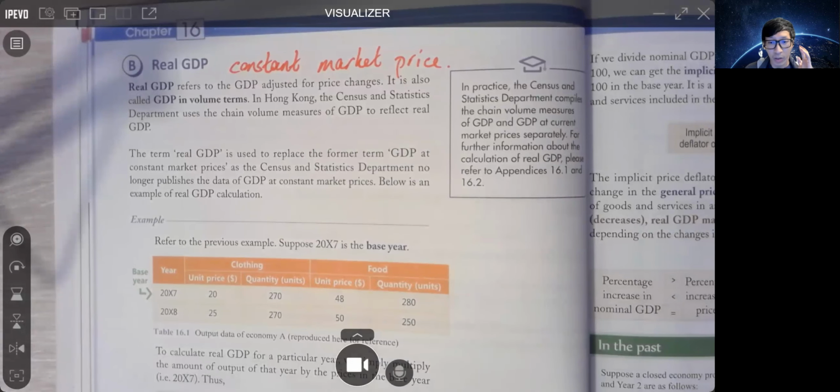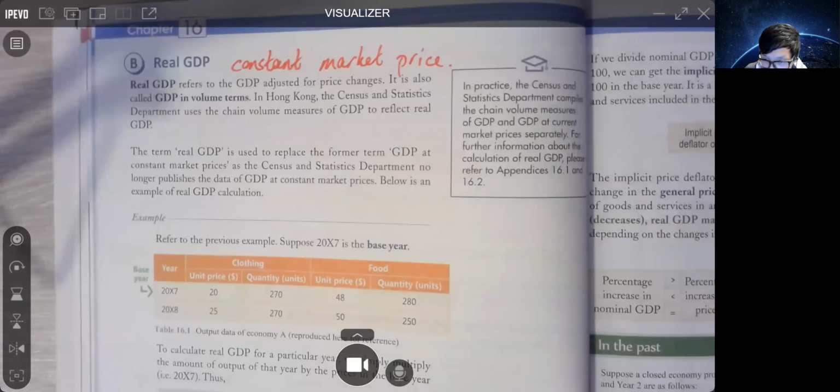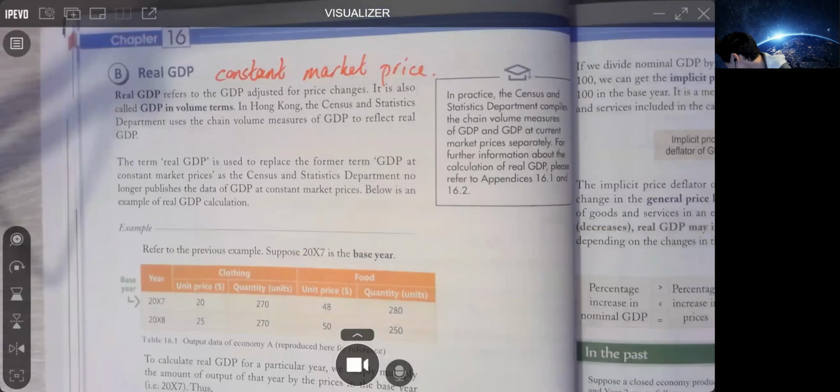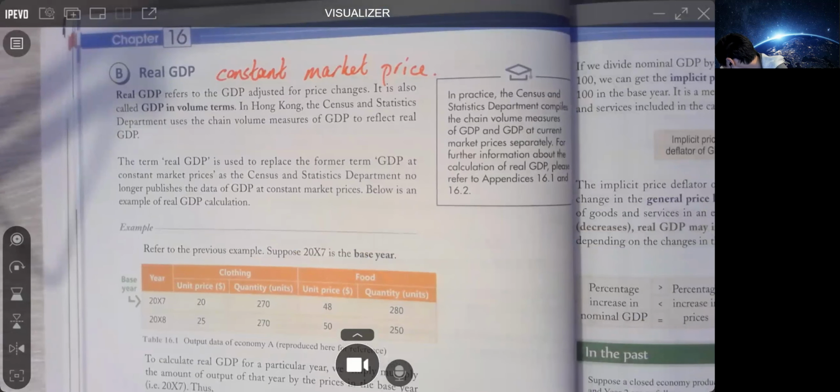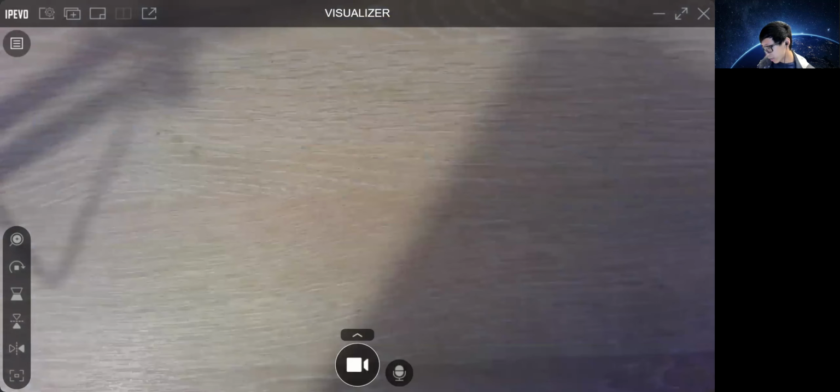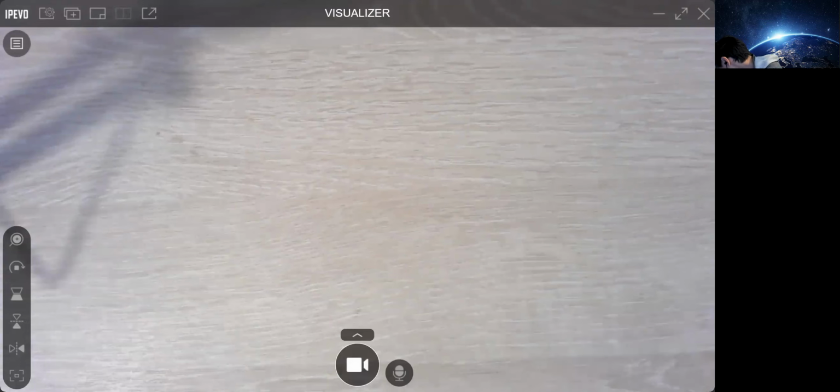Let's use several examples here, okay? Let's go directly into your notes. Page 14 and page 15.